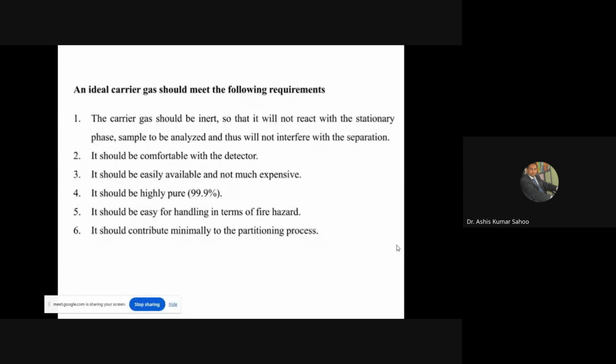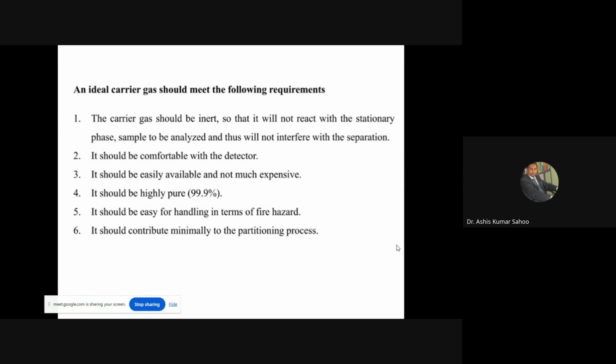An ideal carrier gas should meet the following requirements. It should be inert so that it will not react with the sample to be analyzed, so noble gases are used as carrier gases.